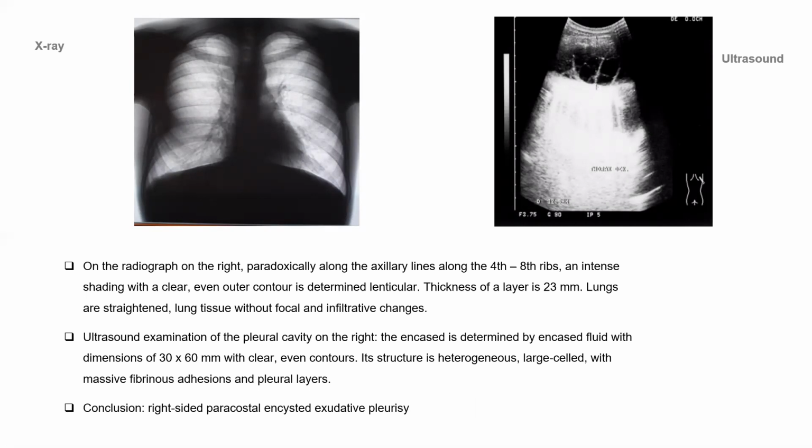Its structure is heterogeneous. You can see here large-celled structure with massive fibrinous adhesions between the pleural layers. And we put the diagnosis: right-sided paracostal encysted exudative pleurisy.